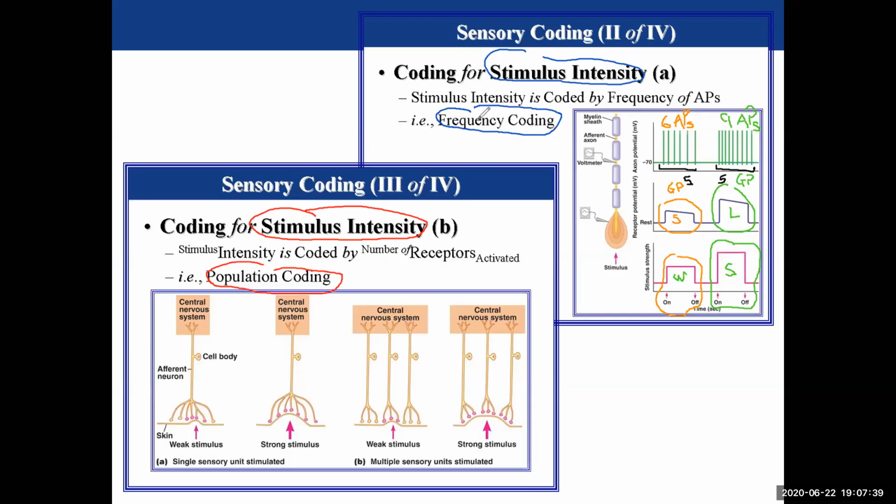And we call it frequency coding. And that contains information about the strength of a stimulus. And we call it stimulus intensity. So that's for frequency coding.